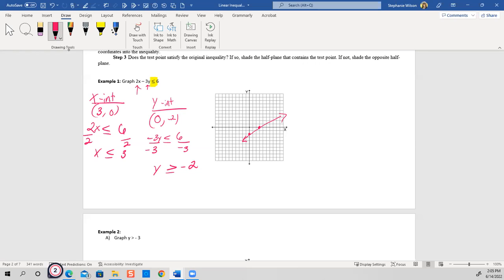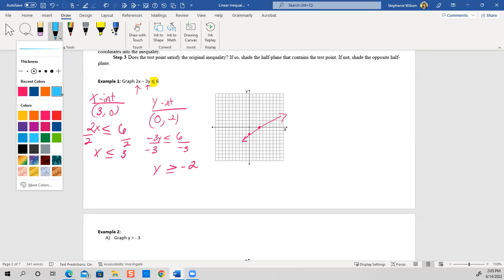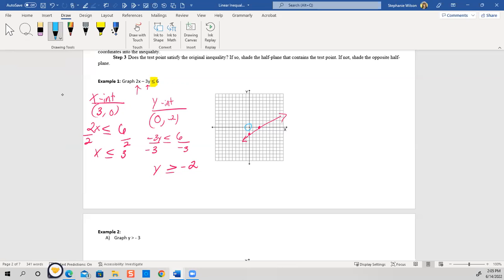Now I need to determine what part of the plane to shade. I always like to make it easy on myself. I'm going to find points that are small, and since the origin didn't fall on the line, I'm going to start with the ordered pair 0, 0. I plug in for x and y and see if it gives me a true statement.